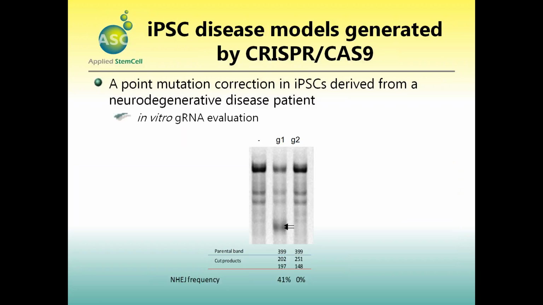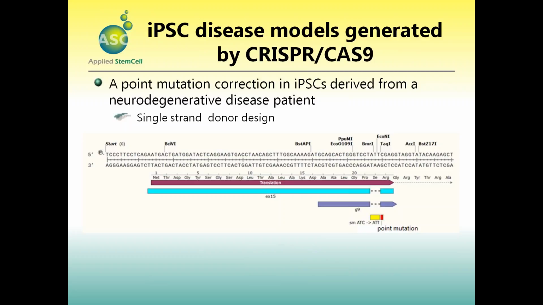For this particular case, guide RNA number 1 was selected, which had a better cutting efficiency. For making a point mutation, we need a single-strand donor DNA, and in this case, it was designed to introduce the point mutation to the specific site, which is indicated in red.